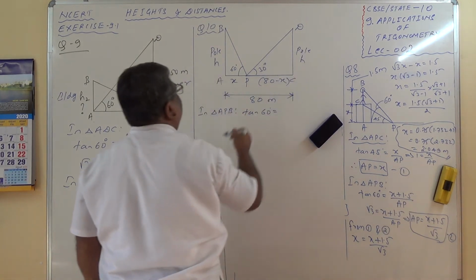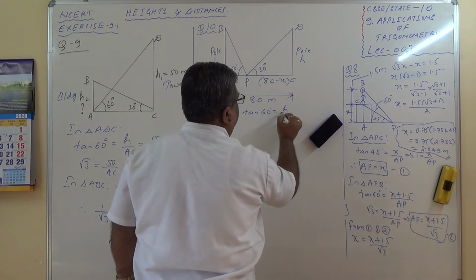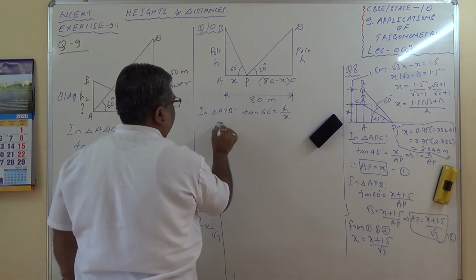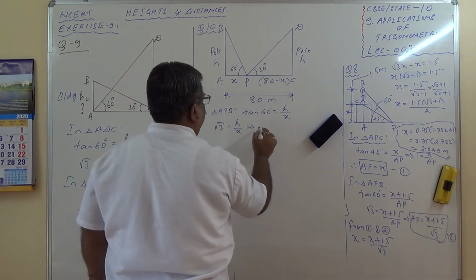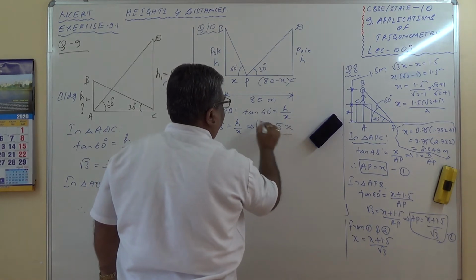Both are same poles, same height. Tan 60 is root 3 equals h by x, implies h equals root 3x.